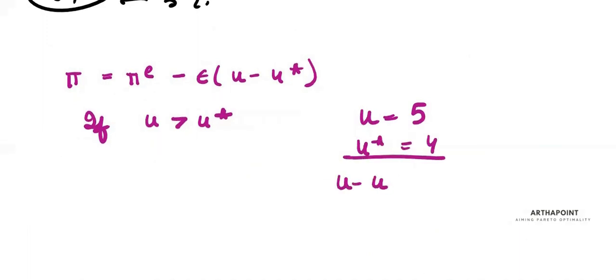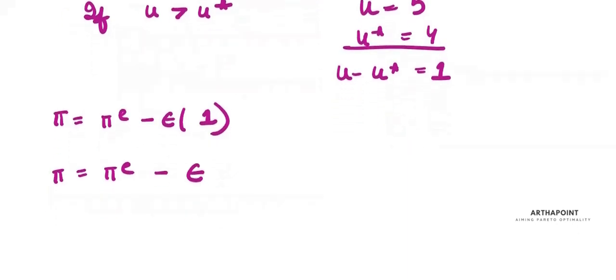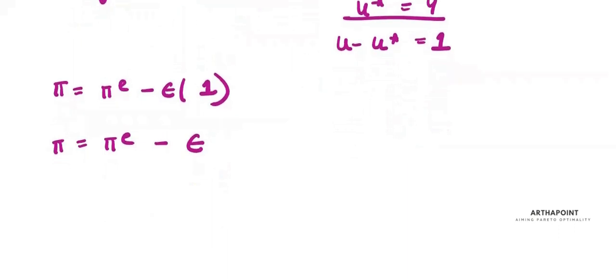So U minus U star will be 1. So pi is equal to pi E minus mu into 1, which is pi is equal to pi E minus eta. Sorry, I have a tendency of saying mu because that's the constant I use a lot of times.